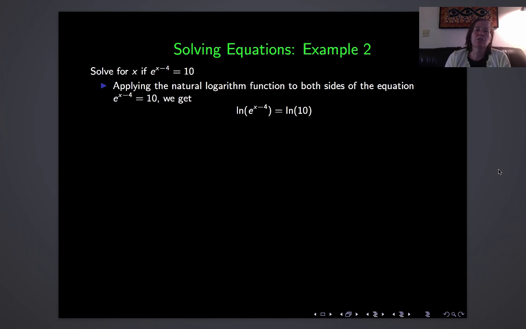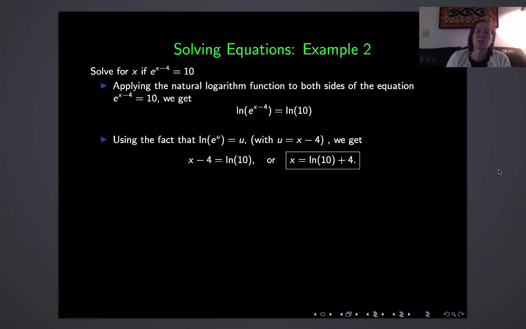So we have the natural log of the left-hand side equals the natural log of the right-hand side. And the natural log of e to the x minus 4 is just x minus 4, because the natural log of e to the u is just u, no matter what u is. And the natural log of 10 is actually a number. And now, bringing that 4 over, we get x equals the natural log of 10 plus 4.